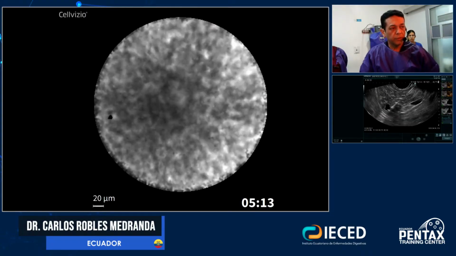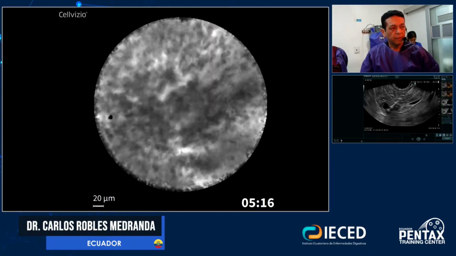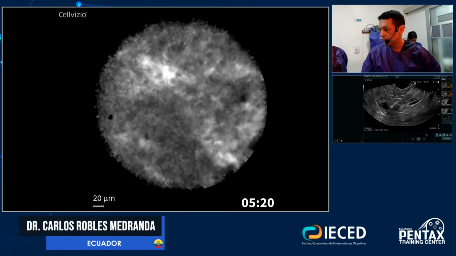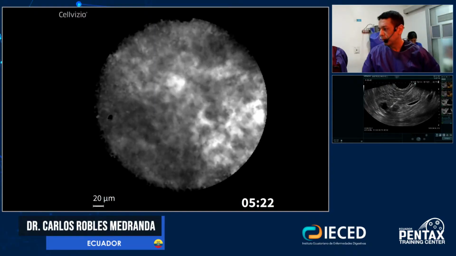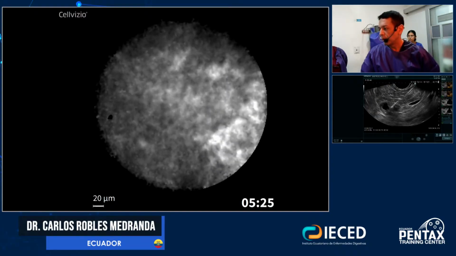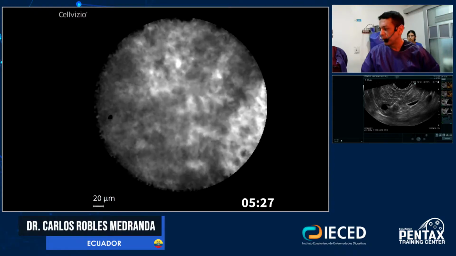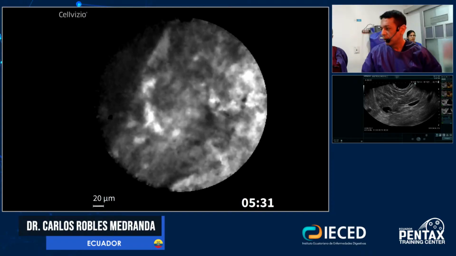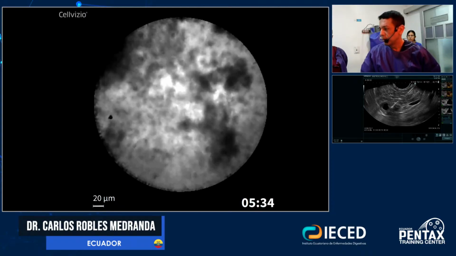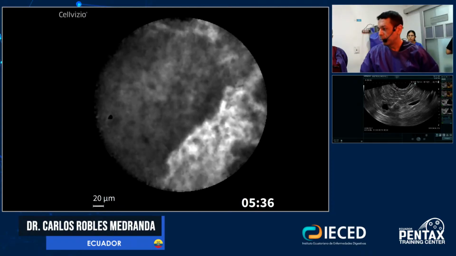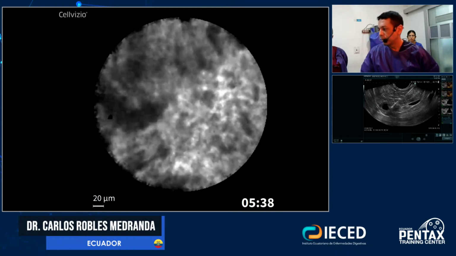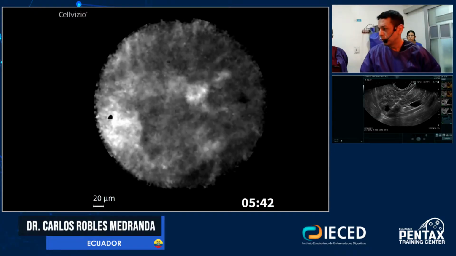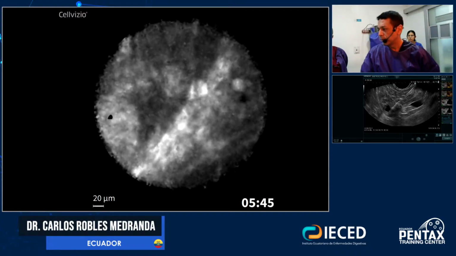Okay, now I will try to see in a different area of the cystic lesion. You can see there. Because I remember this area had some epithelium, but at the beginning I was thinking that it was probably a mucinous, but no, it was not.